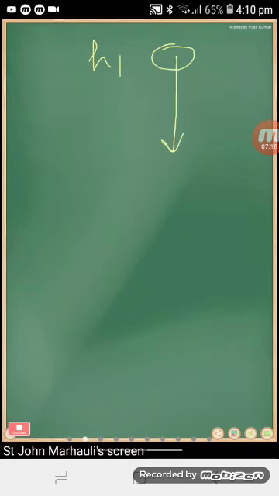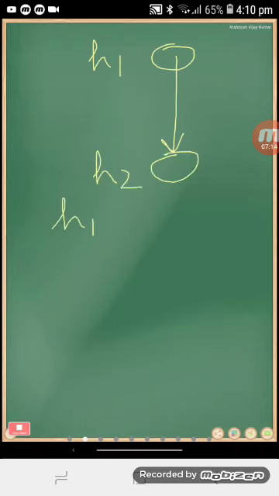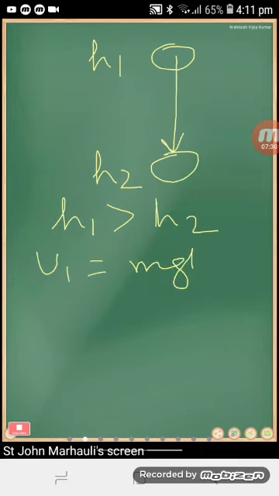Similarly, in case the body is being dropped down from h1 to a height h2, such that h1 is greater than h2, here U1 will be equal to mgh1 and U2 will be equal to mgh2.